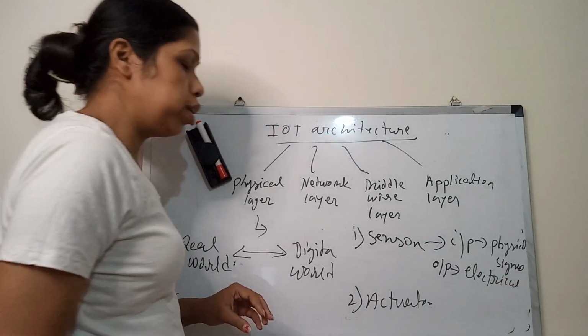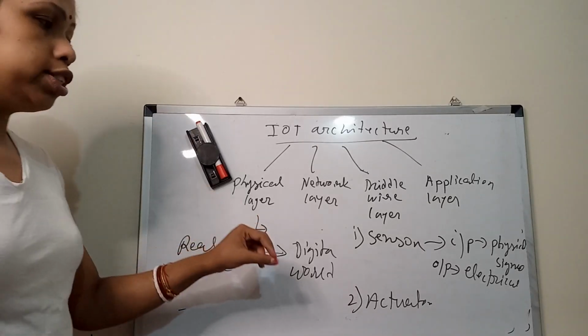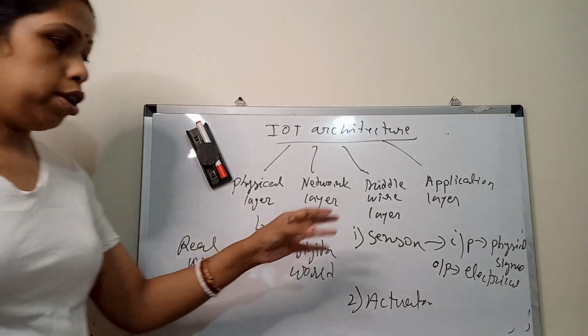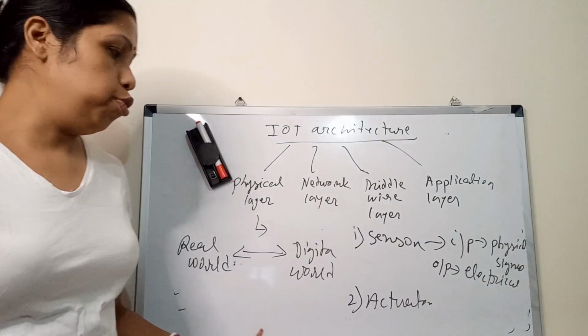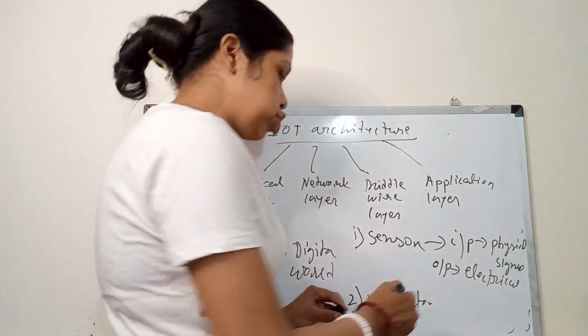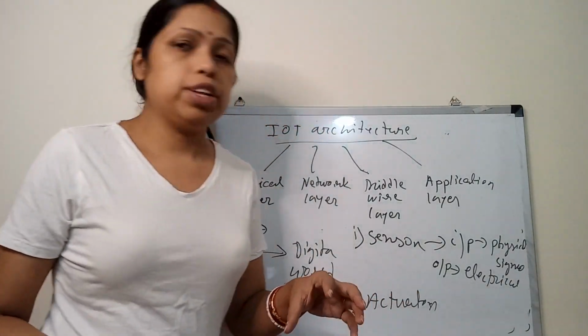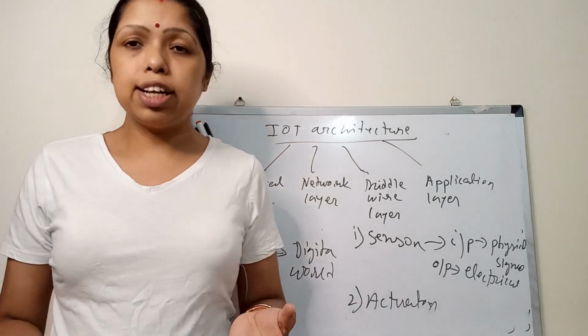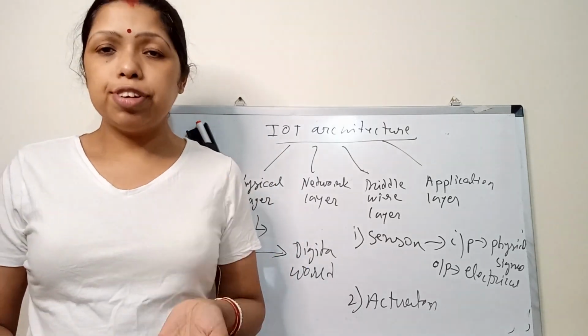If we give a physical signal to the sensor, it gives an electrical signal as output. In the case of the actuator, it is the opposite: the input is an electrical signal and the output is a physical signal.